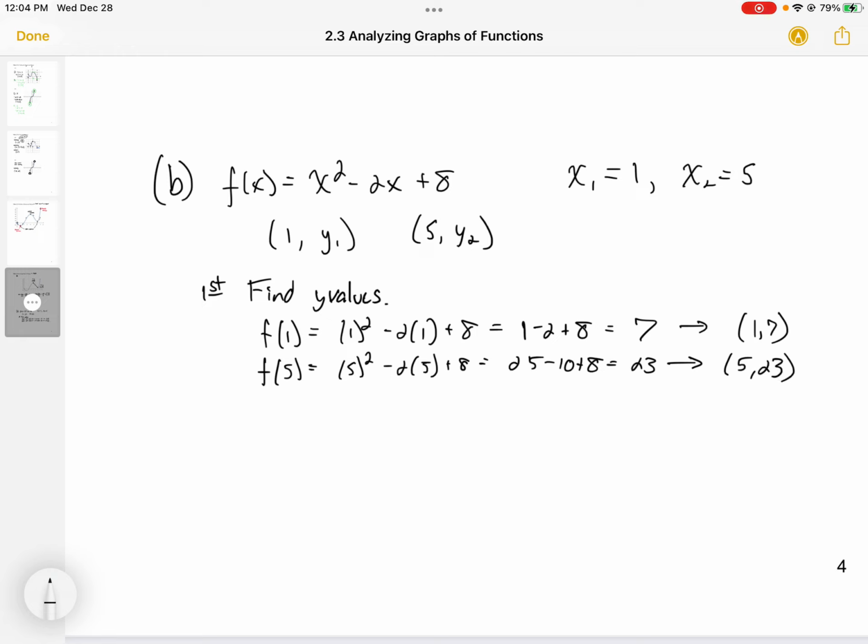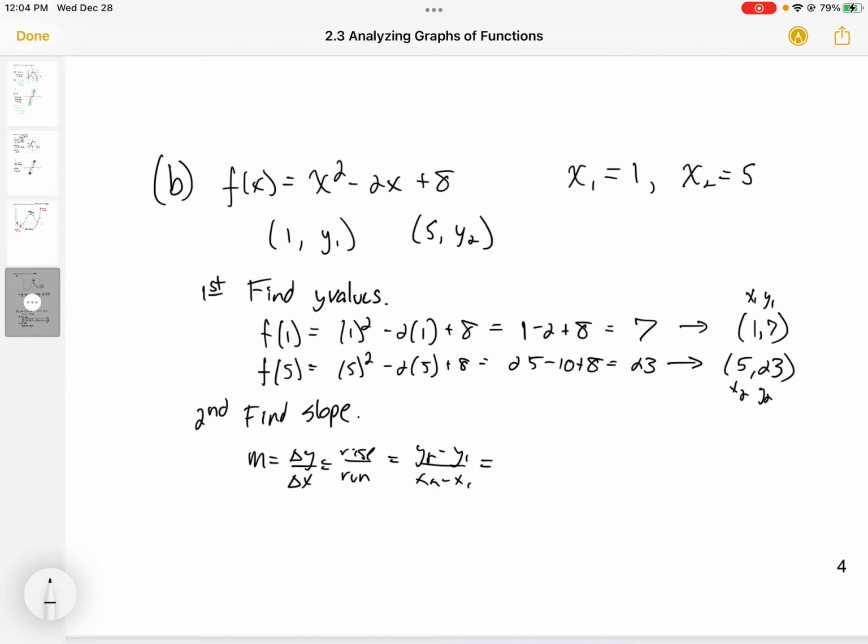So now that we have our 2 points, the second thing we're going to do is to find the slope. And let's label our points x1, y1, x2, y2. So our slope, again, change in y over change in x. I know I don't have to write all of this out every single time, but I just like to with students just to remind them that there's different ways of thinking about this slope.